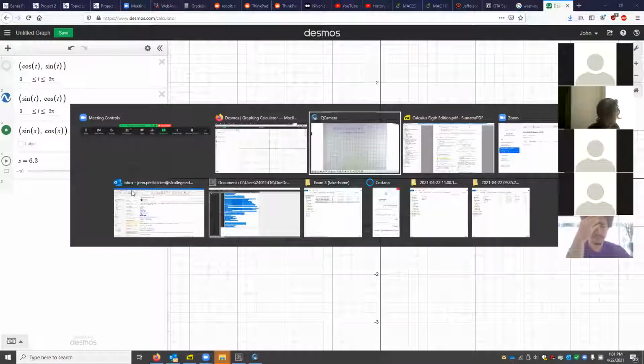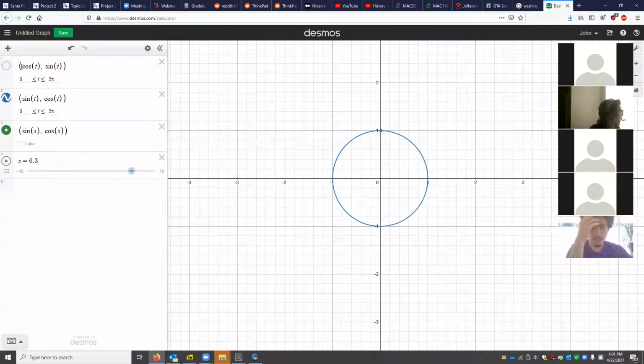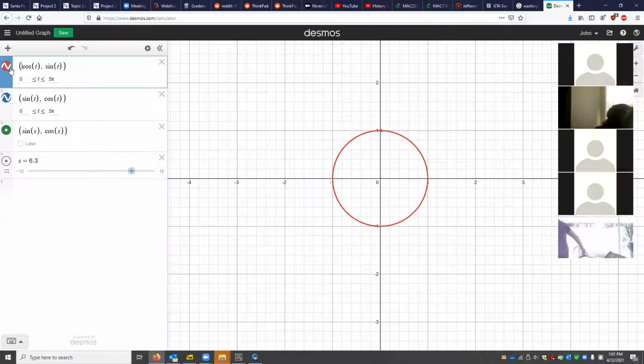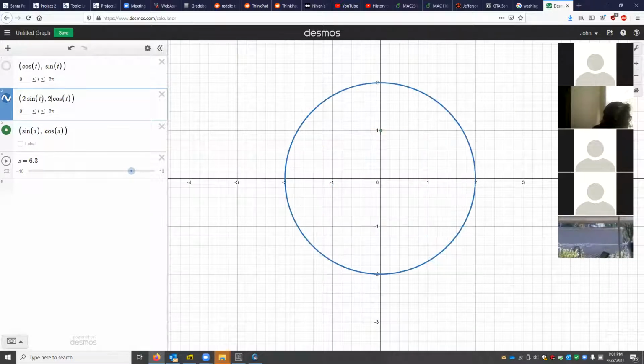So that's still not our guy. Our guy is t sine t, comma t cos t. So not only have we switched sine and cosine, we've also multiplied by a t in both. We saw last time that if I multiply by 2 in both of these coordinates, I'm going to have a circle of radius 2 instead.